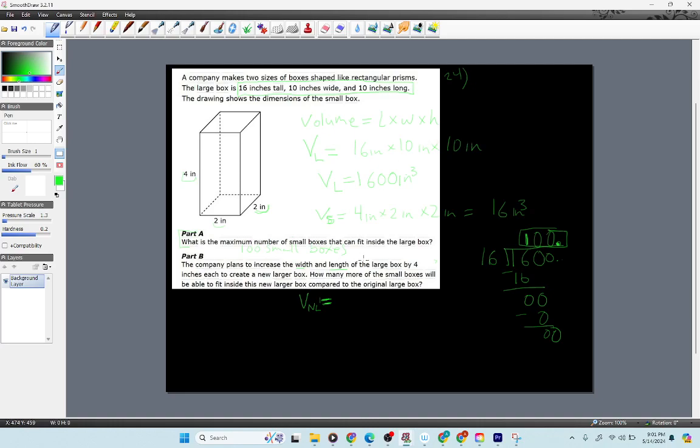But now I need to be a little more particular. It says the width has 4 inches added to it, so this is now going to be 14. My width is going to be 14, and the length also changes. So the length is also going to be 14. And the height was unchanged, so that's still going to be 16.